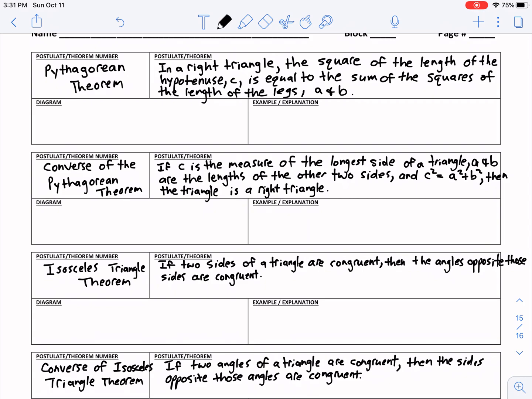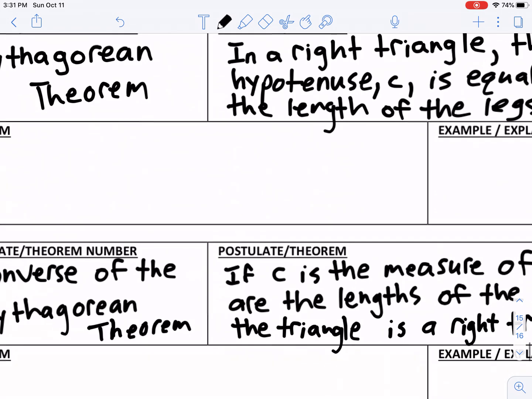So it says, in a right triangle, the square of the length of the hypotenuse C is equal to the sum of the squares of the lengths of the legs A and B, okay? Well, all that says is, if I have a right triangle, and again, it has to be a right triangle, so we have to have that right angle, 90 degrees, okay?